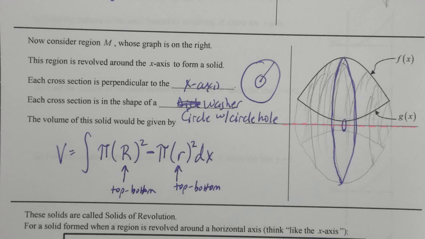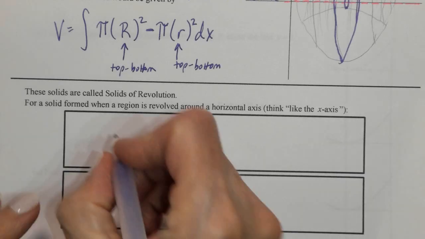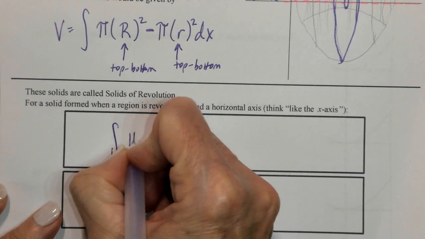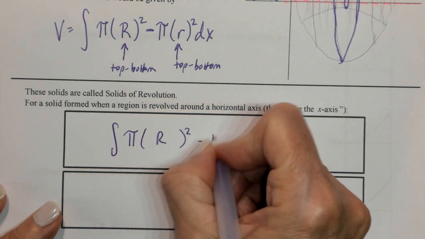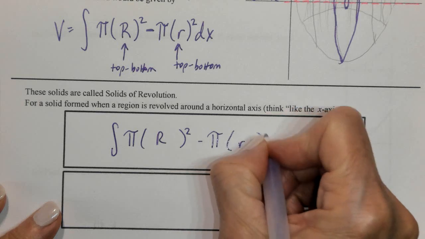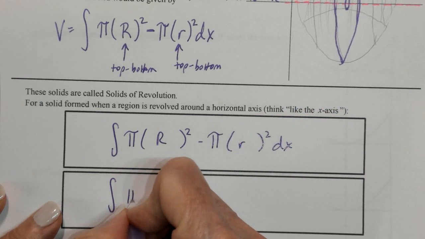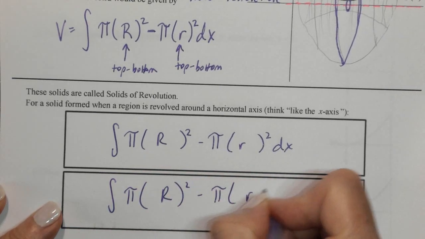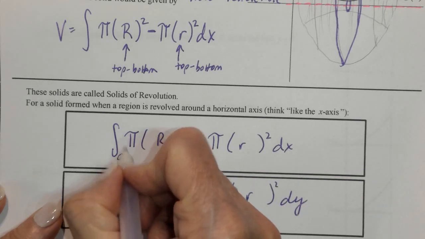Okay? These are called volumes of revolution. So, pi big R squared minus pi little r squared dx, or pi big R squared minus pi little r squared dy. If you have a dx, you're going to need x boundaries.